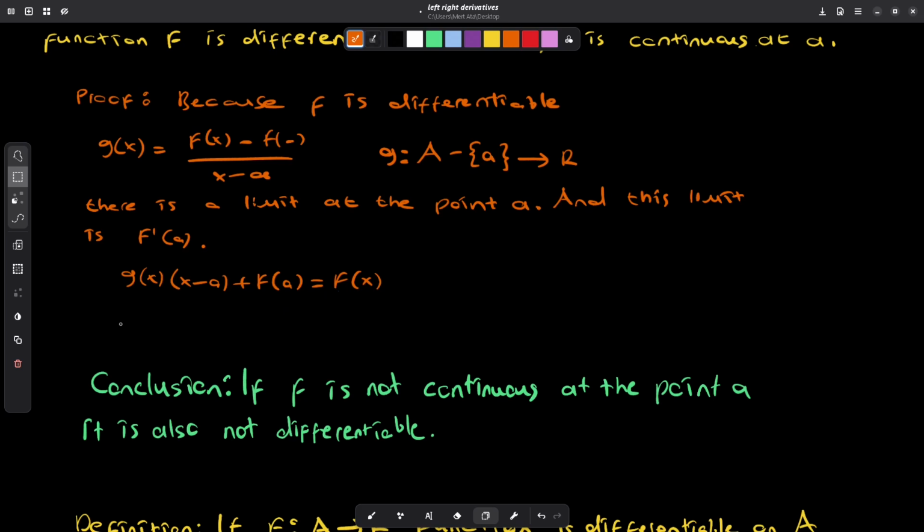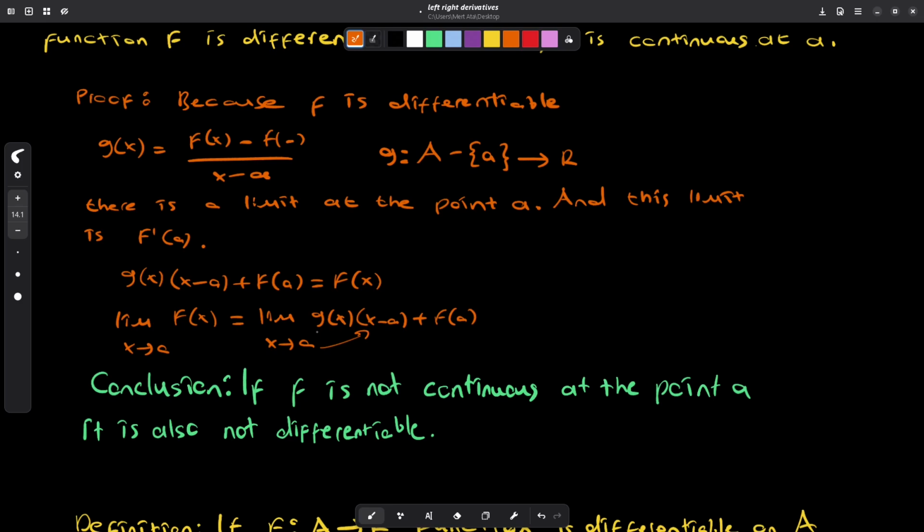If I take limits from every side now, as x approaches a, this will be equal to the limit as x approaches a of g(x) times (x minus a) plus f(a). If I plug this in, I am seeing that this part is equal to 0, and this limit is equal to f(a).